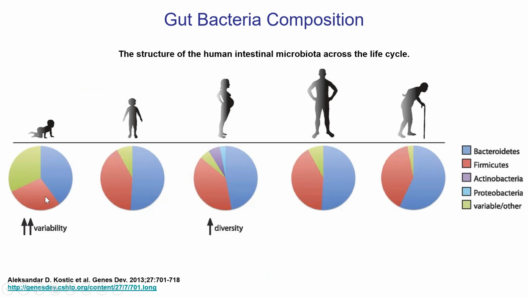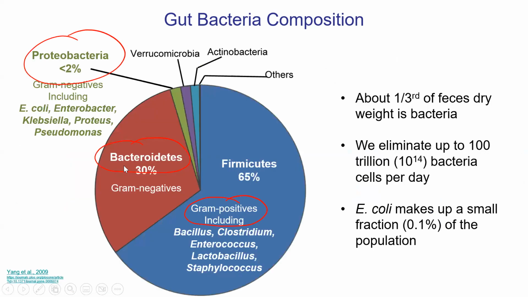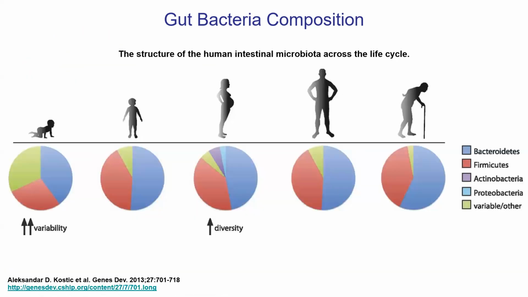So the red is the firmicutes, and the Bacteroides is the blue. I think it's the same color. Let me just check. Red is, no, the color is swapped. Sorry about that. But anyway, the point is you can see the diversity changes as people age. And that's just part of the human life cycle, having your microflora age along with you.